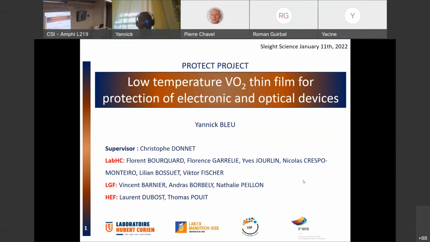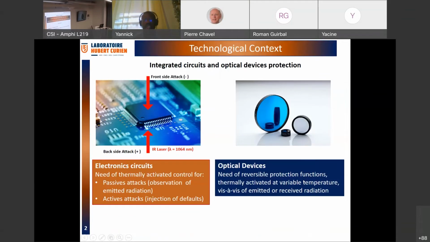So the technological context is that in electronic circuits and optical devices, there is a need of protection, for example in electronic circuits, against passive attack and active attack. And this can be controlled by thermally activated control.